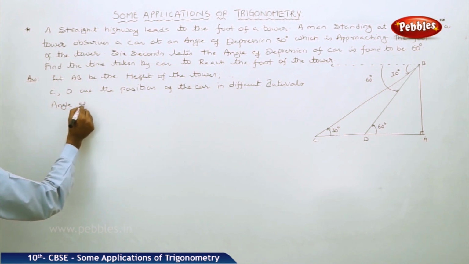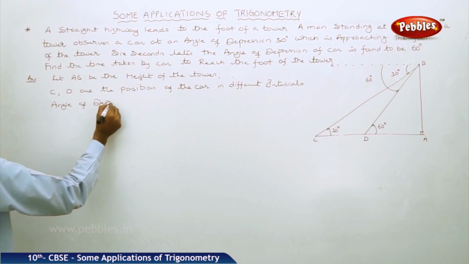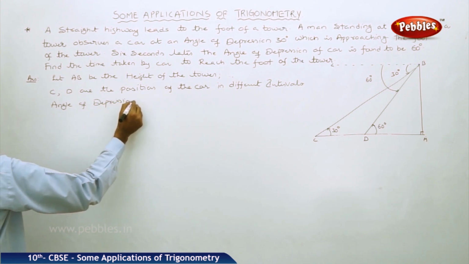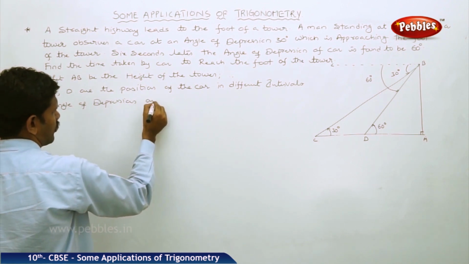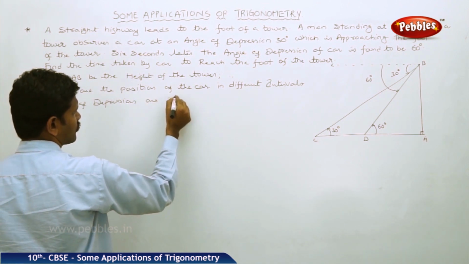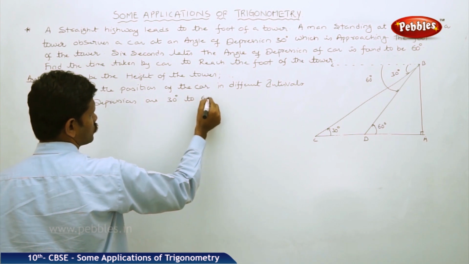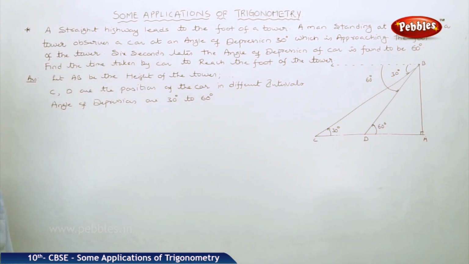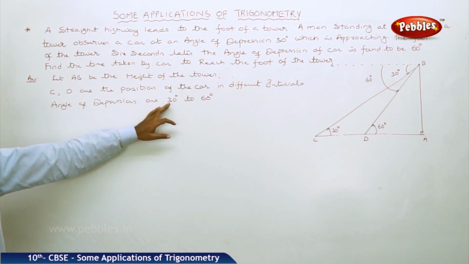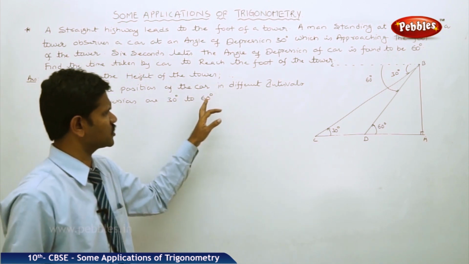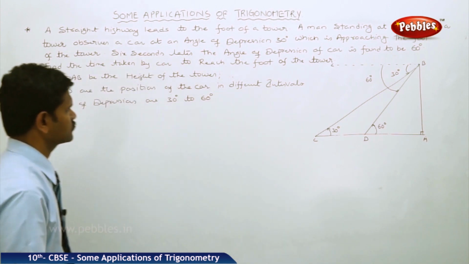The angles of depression are 30 degrees and 60 degrees. That is, at the very beginning it is 30 degrees. With the interval of 6 seconds, it changes to 60 degrees.